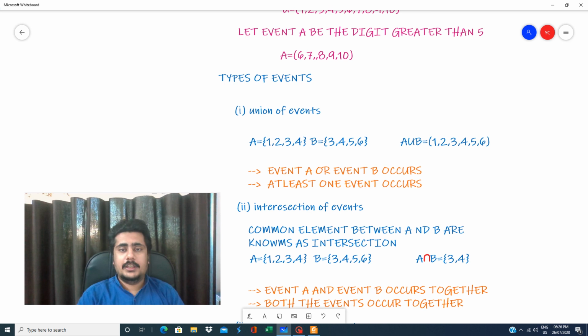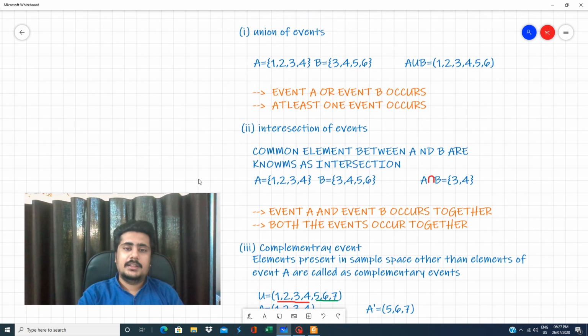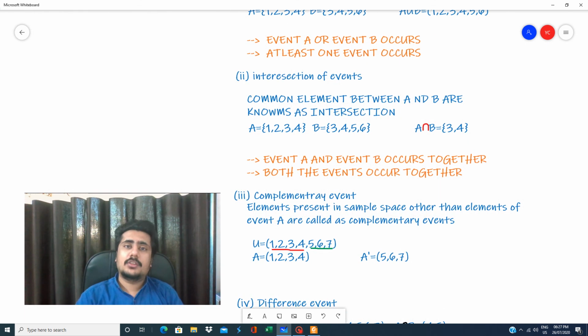So we have done almost 10 events. Number one was union of events. What is union of events? You have to combine event A and event B. If any element is repeating, then you write it only once. So combination of event A and event B is known as union of events. Then intersection of events. What is intersection of events?